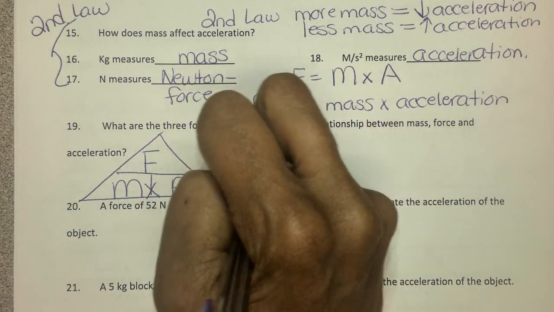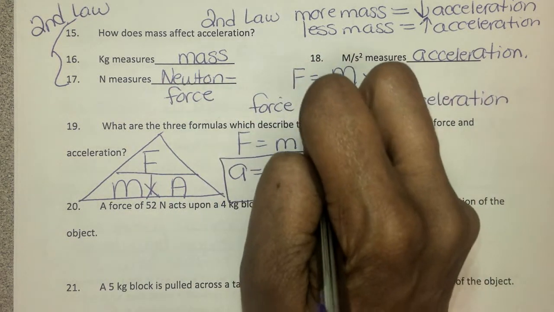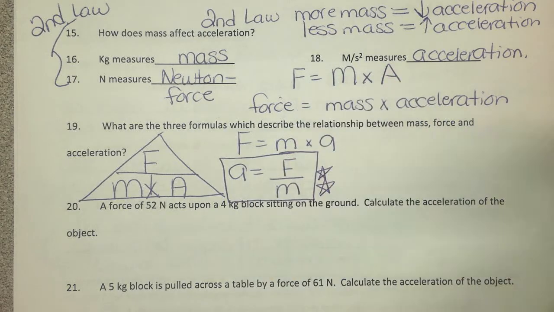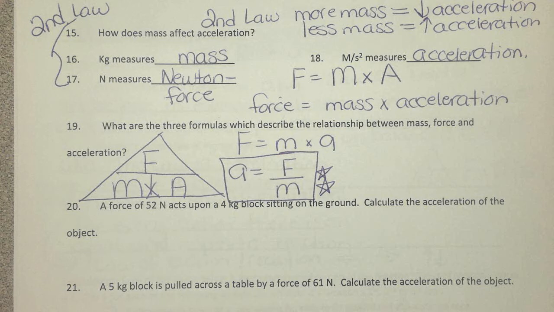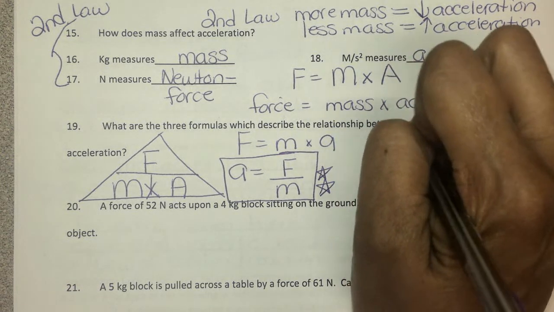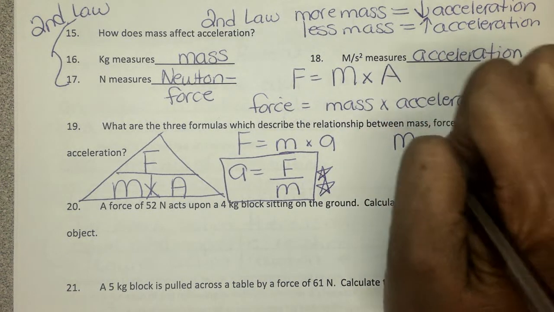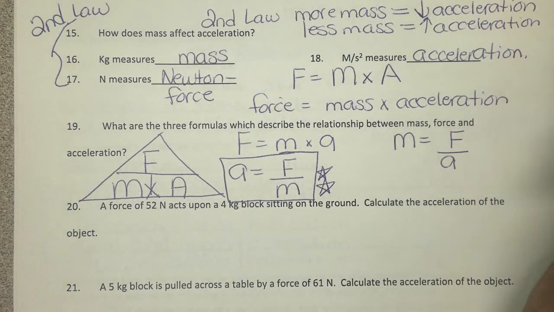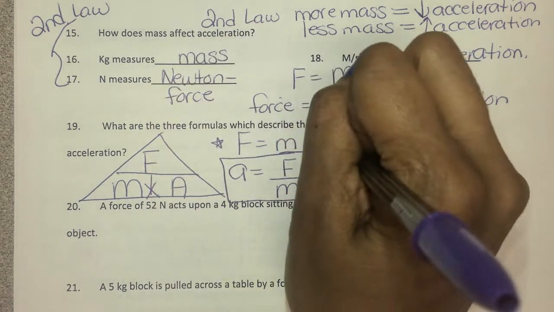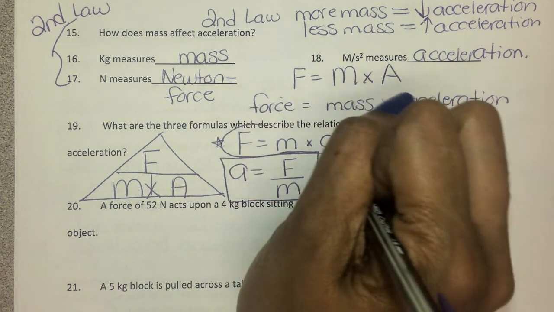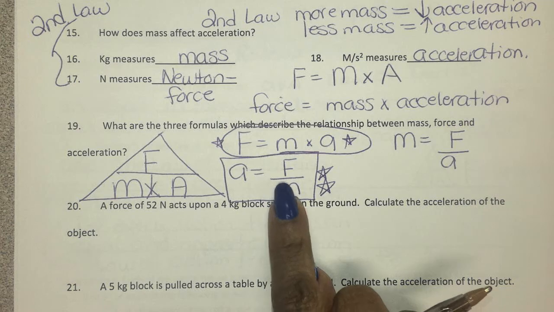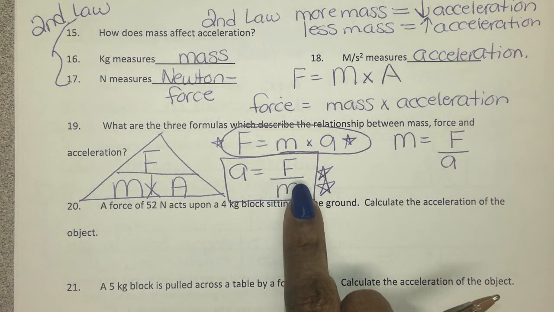I'm going to have you put a box and a star on this one, because this is the one you're most likely to have to solve for on your test and on STAR. And mass is equal to force divided by acceleration. These two are the ones you're going to have to know the most: force is mass times acceleration, and acceleration is force divided by mass.